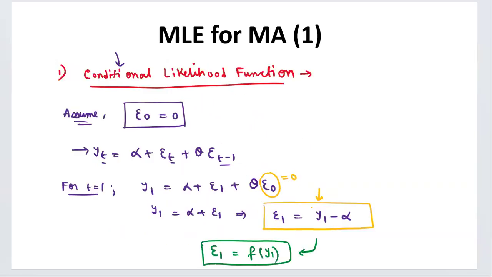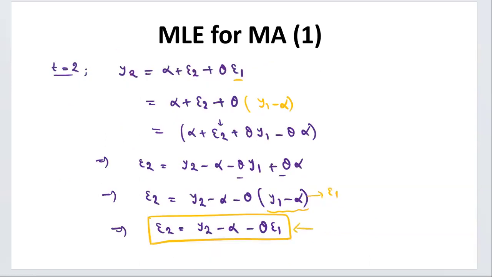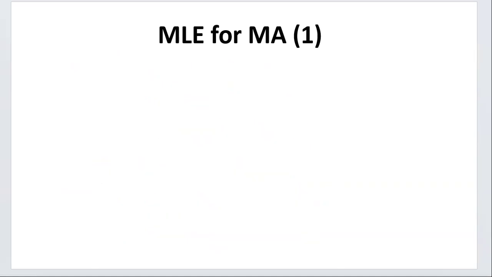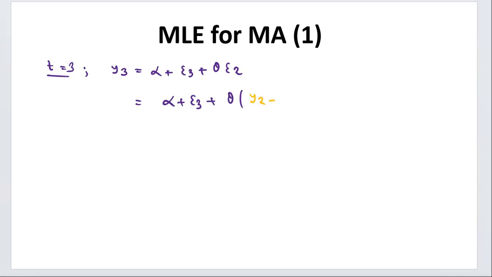So we have found out what epsilon 1 is, and this is how you find out what epsilon 2 will be. Let me do another step for your convenience. For t equals 3, this will be y3, the same process. I am doing the same process again and again; you can do it on your own. So alpha plus epsilon 3 plus theta, and then instead of epsilon 2, write what we found earlier: y2 minus alpha minus theta epsilon 1.